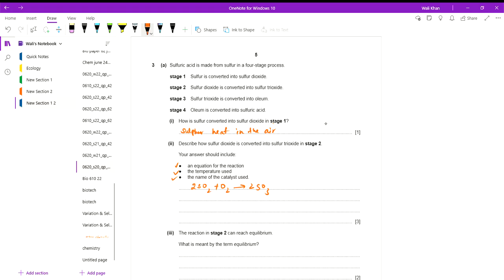You can also write the equation for sulfur converted into sulfur dioxide; there is no restriction. Sulfur trioxide will form. Temperature used: 450 centigrade, if you remember the contact process. Then the catalyst is vanadium pentoxide. Your questions come in a different pattern. The process is the same, the contact or Haber process, and the questions come in different patterns, but they are too easy.